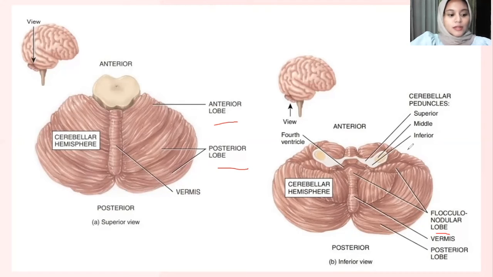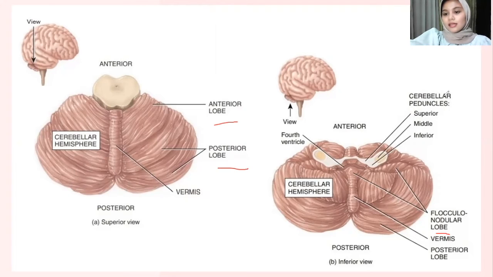Next is the arbor vitae in the cerebellum. Deep to the cortex are tracts of white matter that resemble branches of a tree. Even deeper within the white matter, there are cerebellar nuclei, regions of gray matter that give rise to axons carrying impulses from the cerebellum to other brain centers.